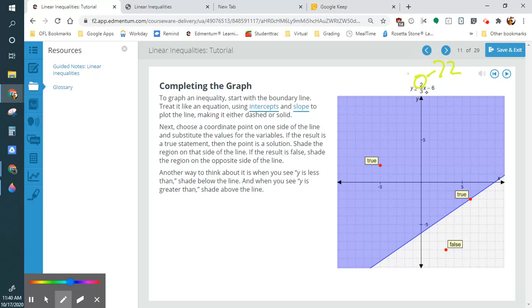And your run is 3. So if I'm doing rise is 2, I'm going to start here. I'm going to go up 1, up 2, and then my run was 3. So I'm going to go 1, 2, 3. And that's what makes this line.